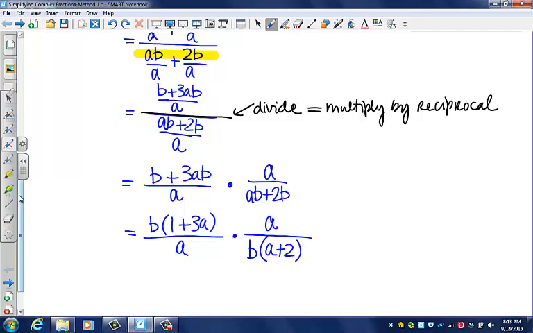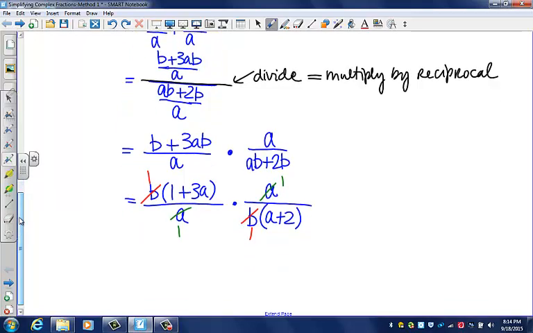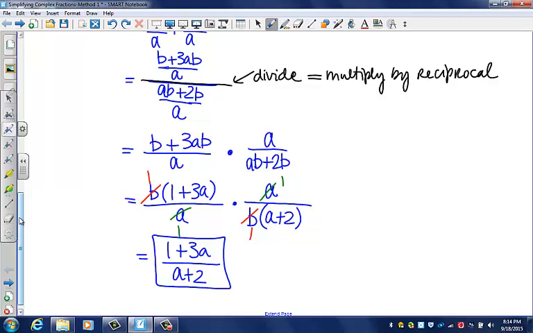Once everything's factored, I can divide out common factors. So I divide a b out, and I divide an a out of those numerators and denominators. Then we can multiply straight across: 1 plus 3a times 1 is 1 plus 3a, and 1 times a plus 2 is a plus 2. So we simplified our complex fraction, and here's what we have: a nice rational expression that is simplified.